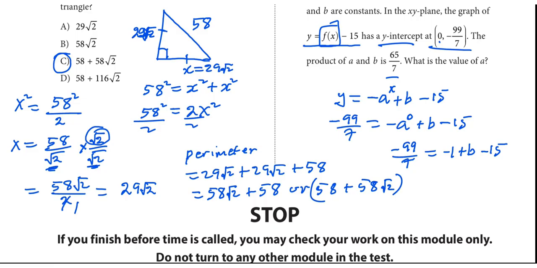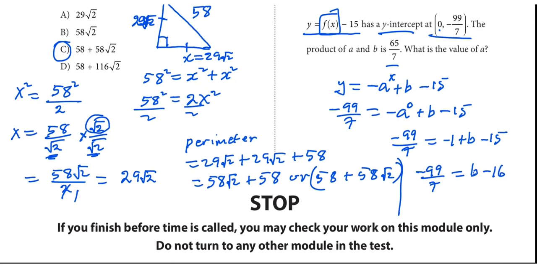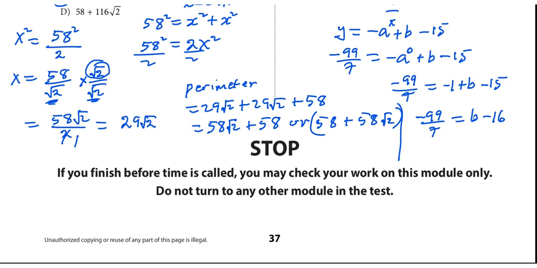So negative 99 over 7 is equal to b minus 16. So we can add 16 to both sides. Then we are going to have negative 99 over 7 plus 16 is equal to b.